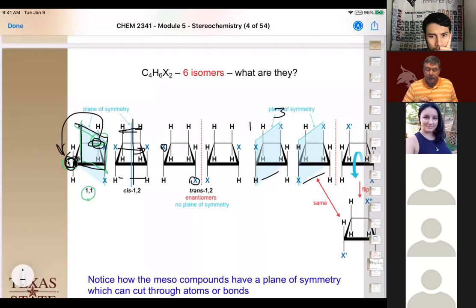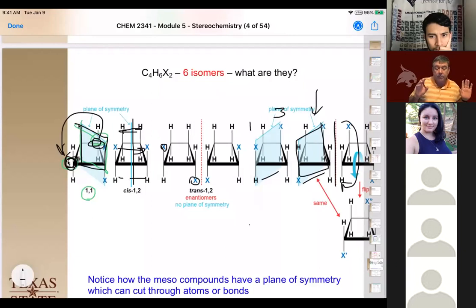And what we'll find out is that if we tried to make our mirror image here, all we would have to do was rotate it 180 degrees on its end, and it turns out to be exactly the same. So even if we didn't find this mirror plane in here, we could draw the mirror image and show that it's the same. So in this case, our cyclobutane here with 2 substituents on it has a total of 6 structural isomers, but only one pair of enantiomers.